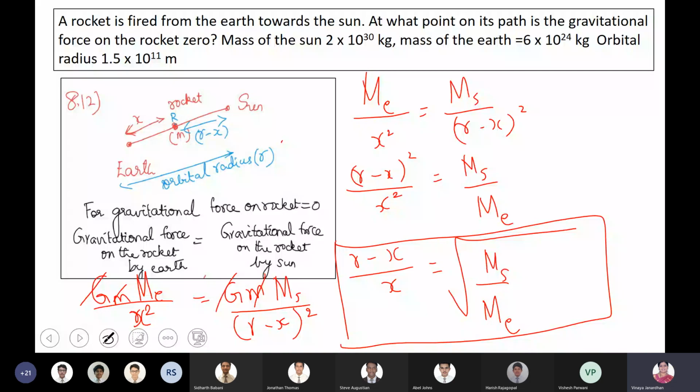x is the distance of the rocket from the Earth, where it will experience zero gravitational force. Will you be able to do this? Just substitute the mass of the sun and mass of the Earth. Then I want you to find the value of r.